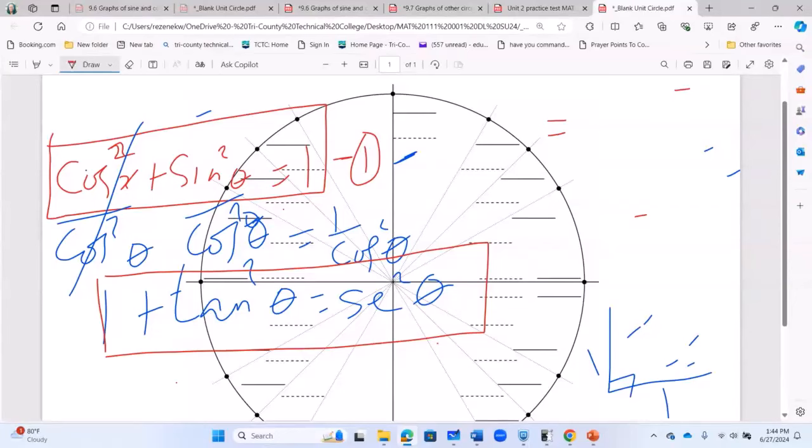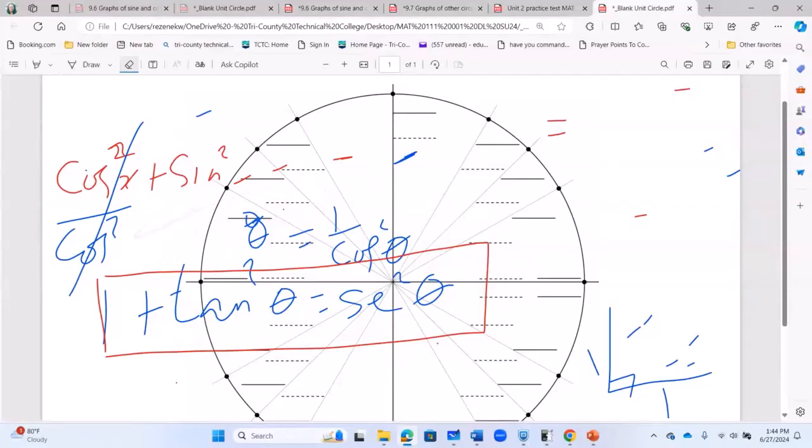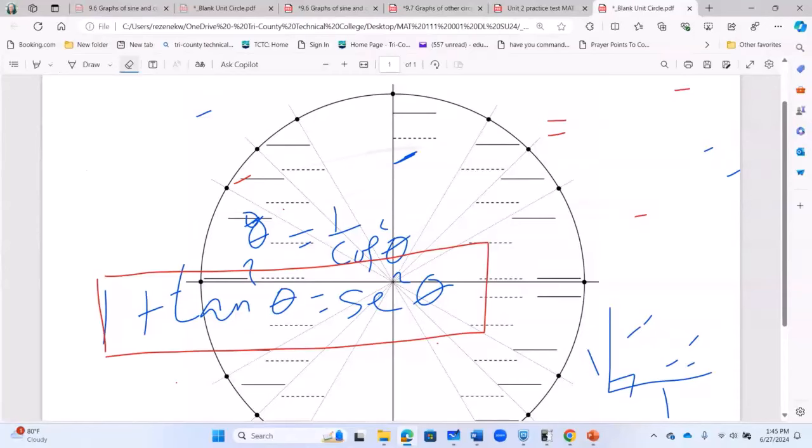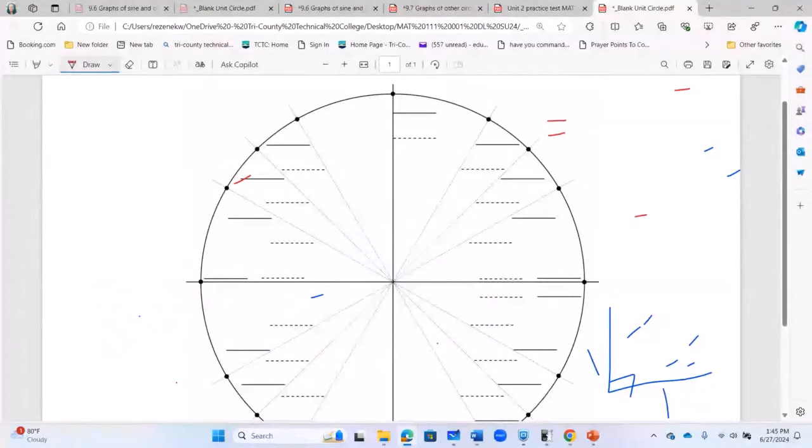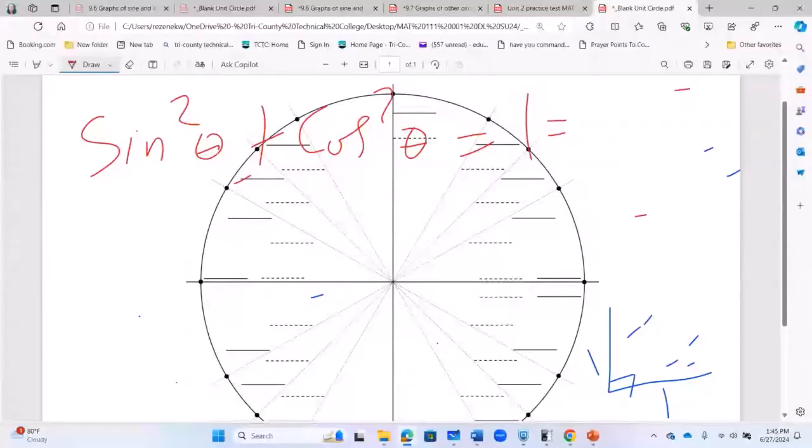Also, suppose I clear all of them, because now suppose I still remember that major unit circle identity, or you can call it Pythagorean identity. Suppose I still write sine squared theta plus cosine squared theta equals 1. And I decide to divide both sides by sine squared theta.